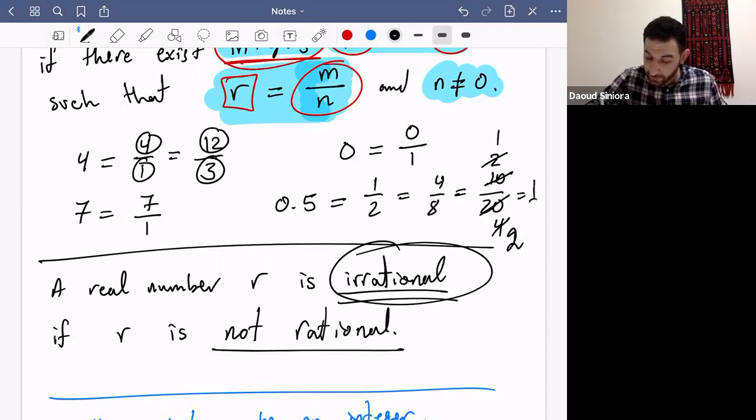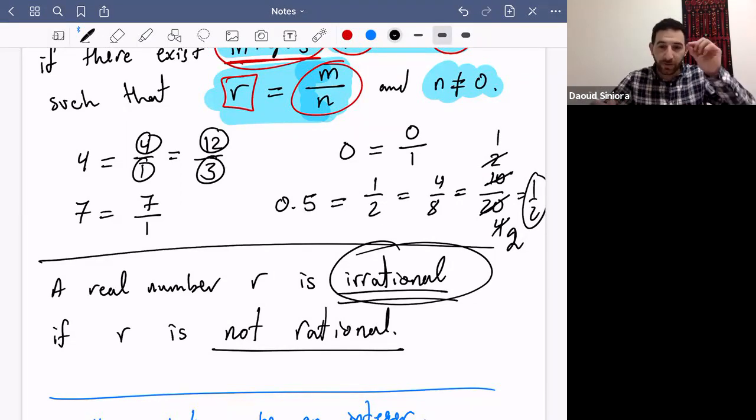Okay, so this 1 over 2, we can stop here because 1 and 2 don't have any common divisors but 1. So I just want to say that any rational number can be written in lowest terms. And by lowest terms, we mean where the numerator and the denominator have no common divisors but 1.